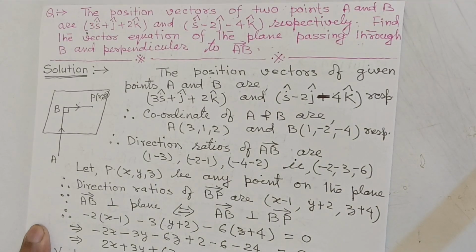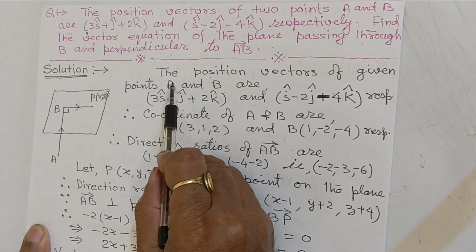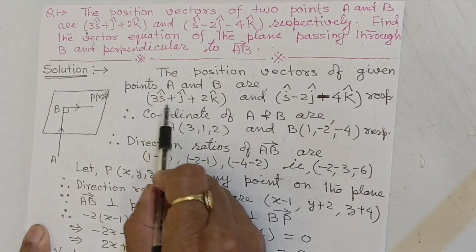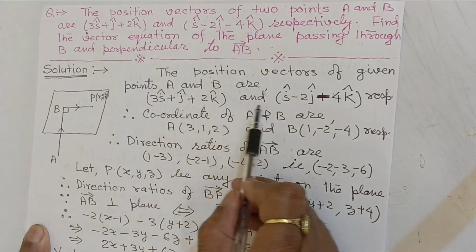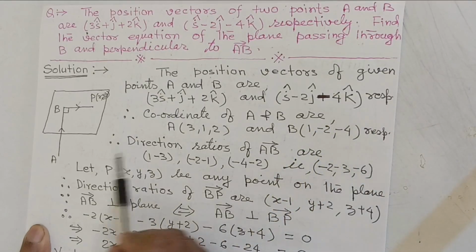Solution. Let the position vectors of the given points A and B be 3i plus j plus 2k and i minus 2j minus 4k respectively.